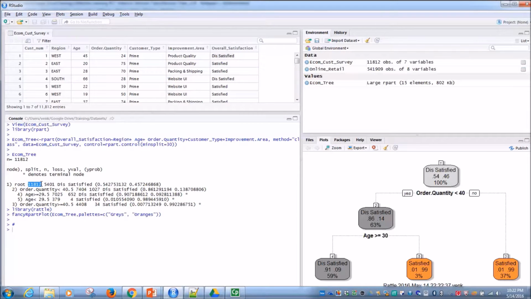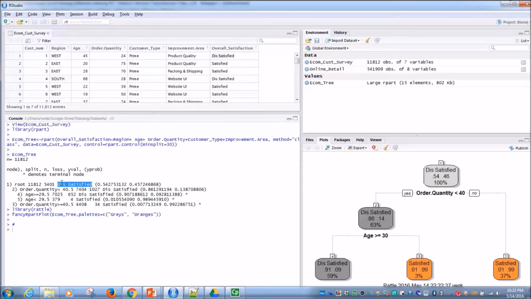Out of them, 5401 customers are satisfied, and the remaining customers are dissatisfied. So the whole root node is classified as dissatisfied. To start with, we have more dissatisfied customers and fewer satisfied customers at the root level.